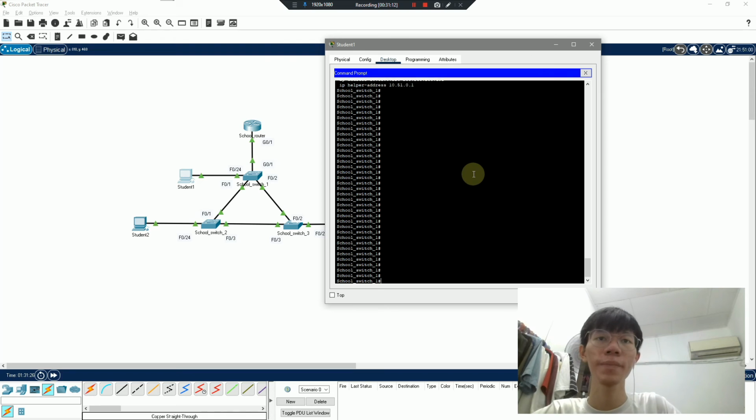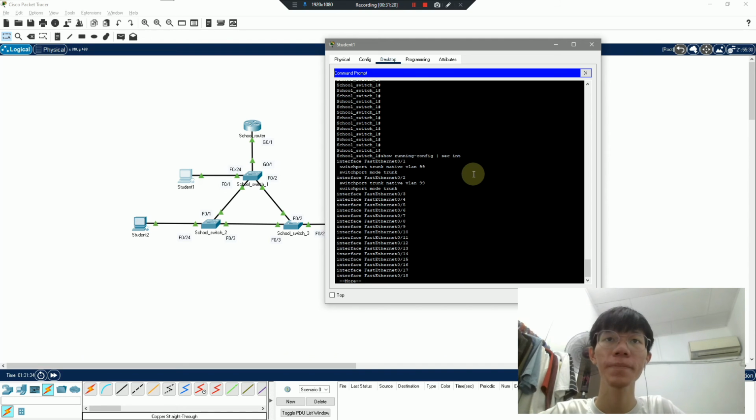Sorry, so show running-config with the section option for interface. Here FastEthernet 0/1 has switchport trunk native VLAN 99 and switchport mode trunk. FastEthernet 0/2 also has trunk native VLAN 99 in trunk mode.